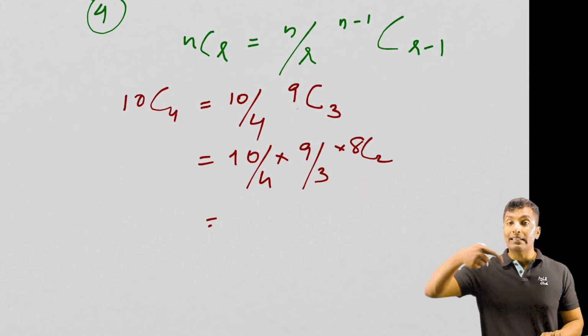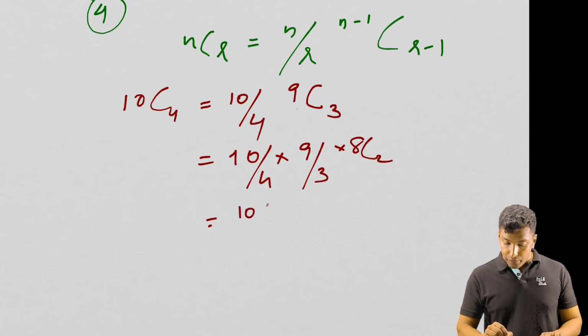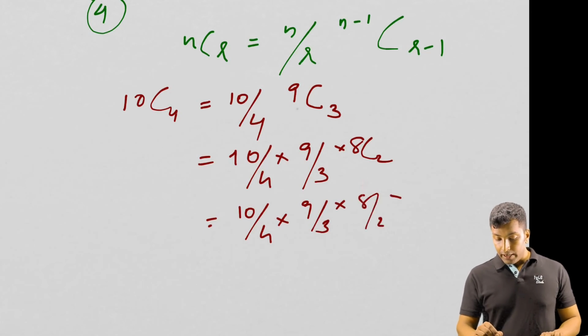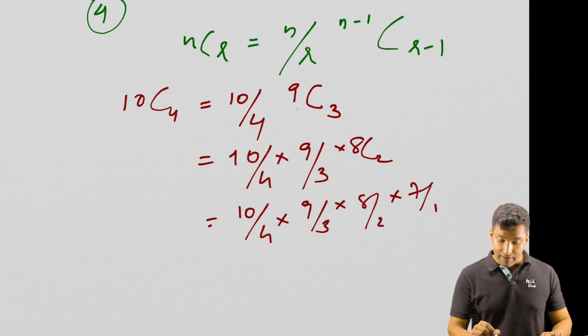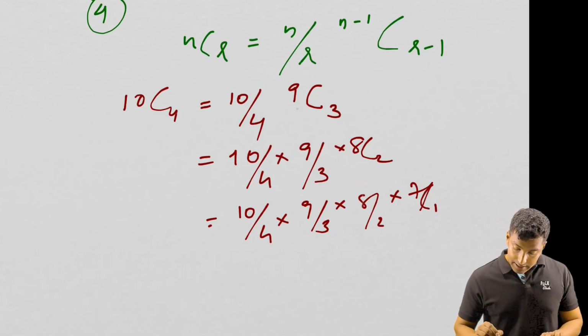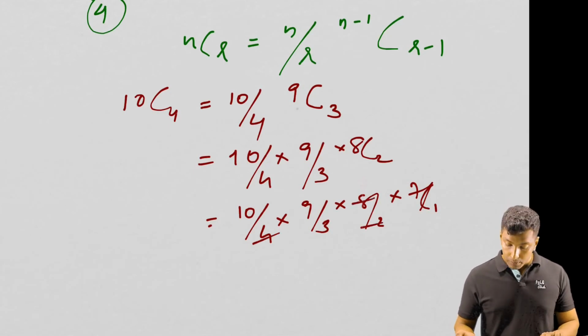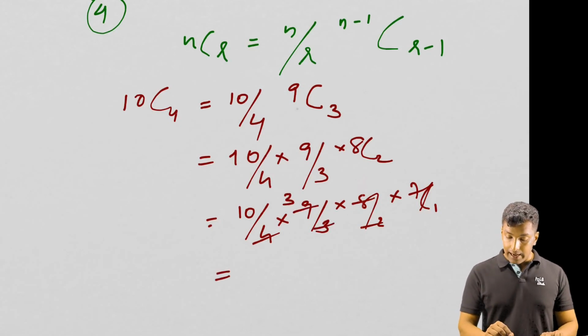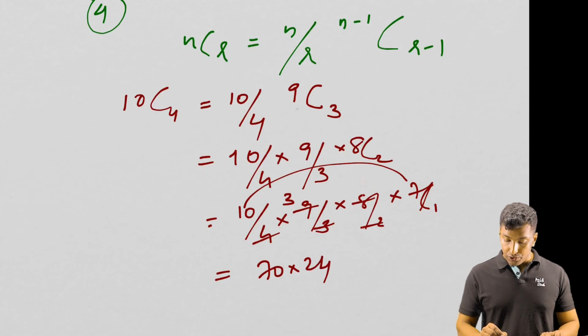Then from 8C2 you can do the same. So 10 by 4 into 9 by 3 into 8 by 2 into 7 by 1 of 7C1. 7C1 is 1. So you get this cancelled out with 8, 4 and 2, then 9 and 3 will get cancelled out. So you will get 10 into 7, 70 into 24.